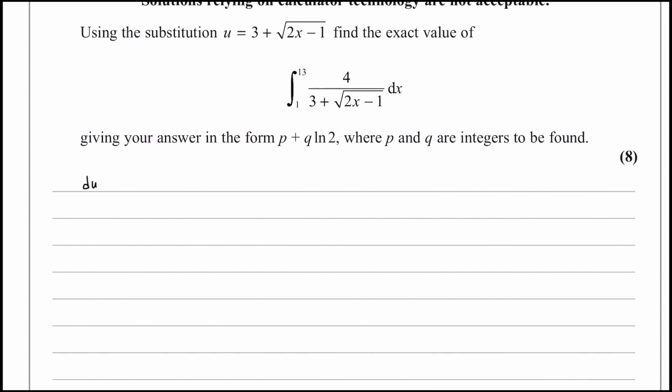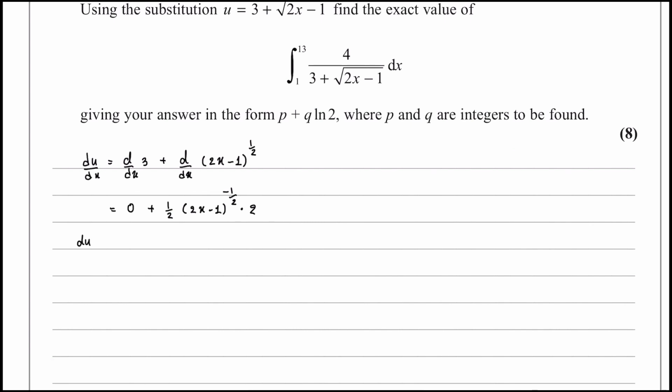So du by dx is the differentiation of 3 plus the differentiation of (2x minus 1) to the power of 1/2, which is 0 plus 1/2 times (2x minus 1) to the power of negative 1/2, and times 2 from the chain rule.